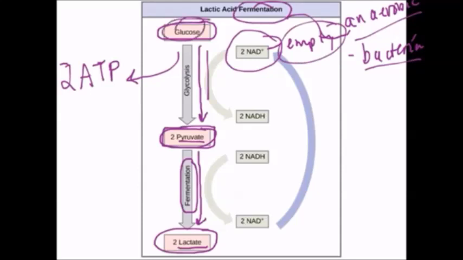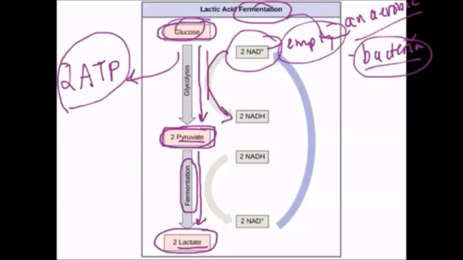And then we can go through glycolysis and at least make a little bit of ATP. A little bit of ATP is better than none. And in fact, while this would not sustain your life, it certainly would sustain a bacteria's life. This could be enough ATP for this bacteria to survive an anaerobic condition. And so the NAD+ is going to be here. It's going to pick up electrons, and now we have our 2 NADHs.